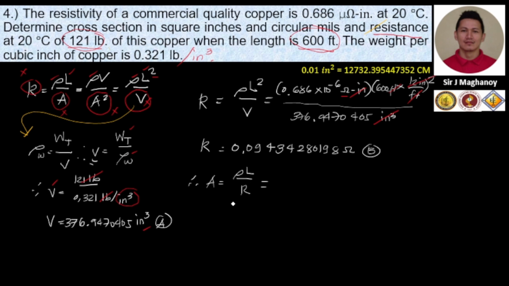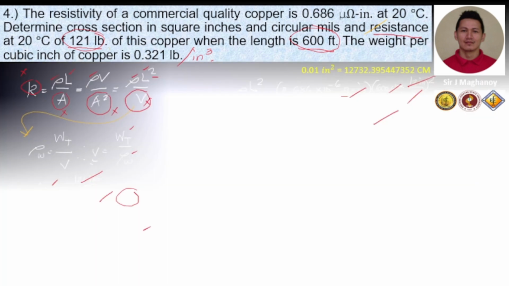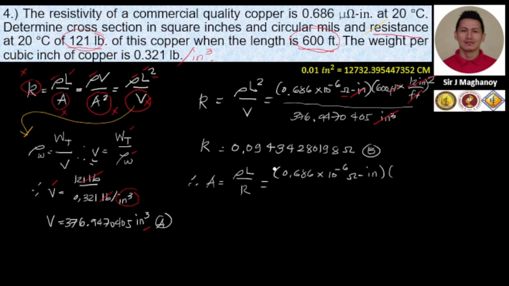Now, solving for the cross-sectional area, substituting the value of the resistivity, 0.686 times 10 raised to negative 6 ohm-inch. And we have our length already given in the problem, that is 600 feet. We need to convert feet to inches.